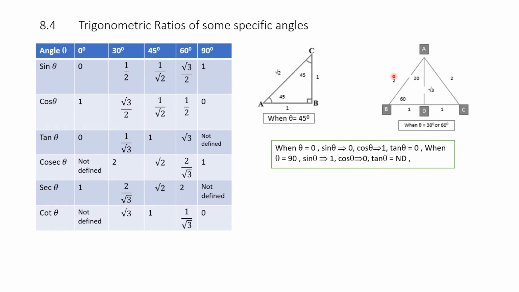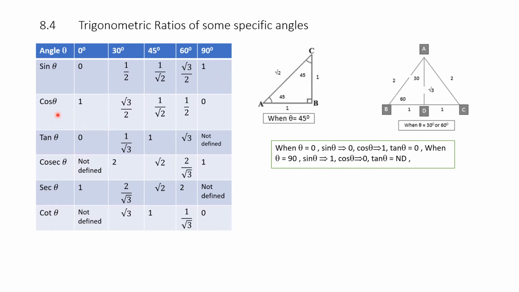Sin 45 is 1 by root 2, and sin 60 is root 3 by 2, and sin 90 is equal to 1.